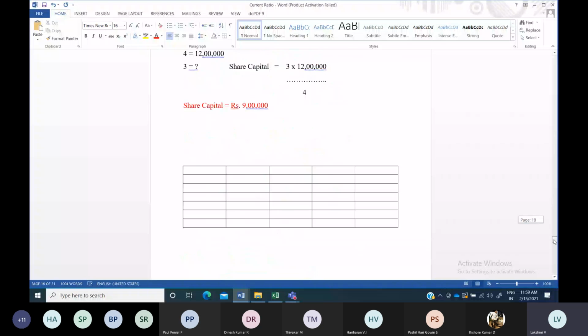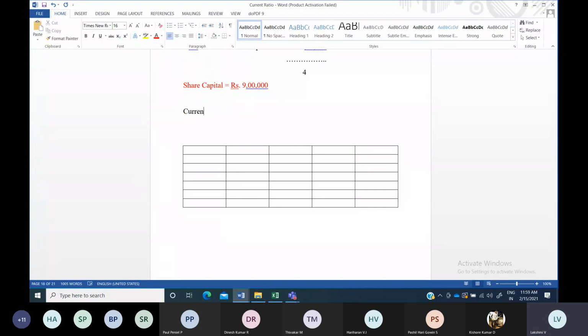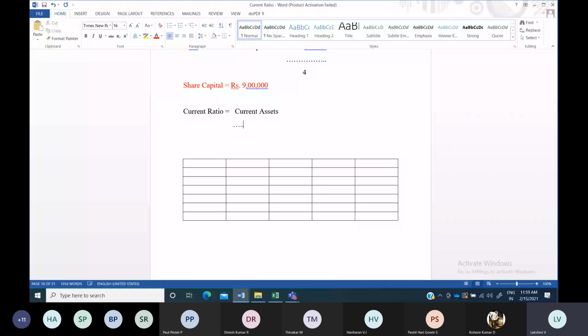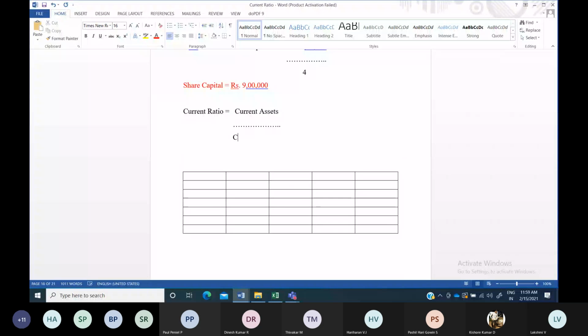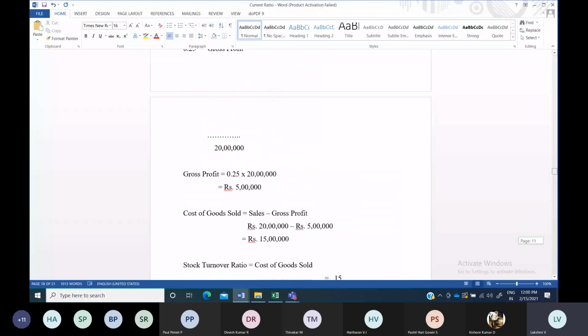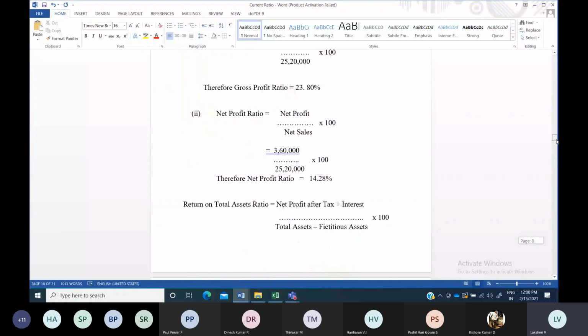Current ratio is equal to current assets divided by current liabilities. Current assets by current liabilities is your current ratio. Now, the current ratio is already given in the question. I think it is 1.50. Okay, let us move to the question.